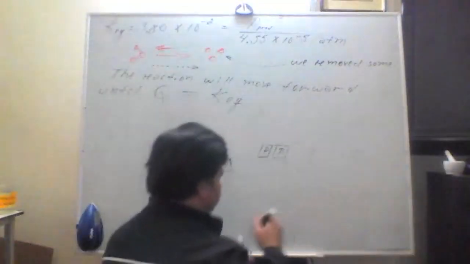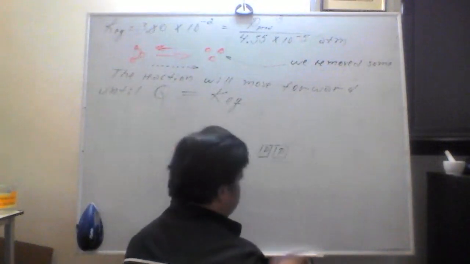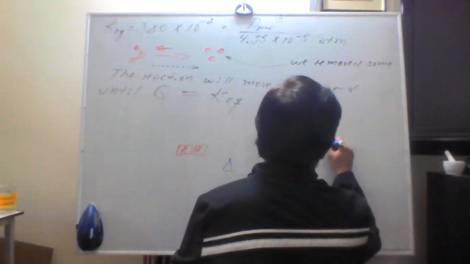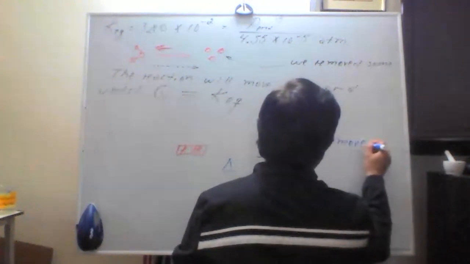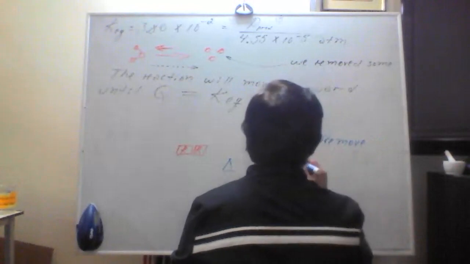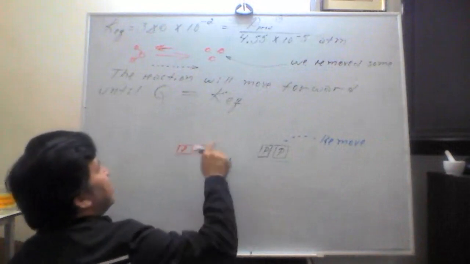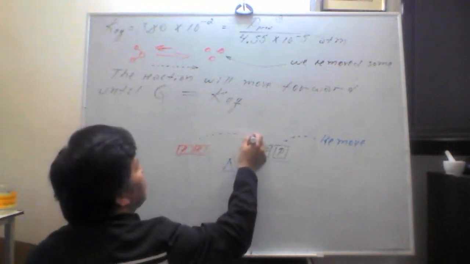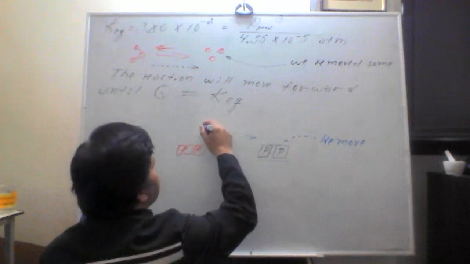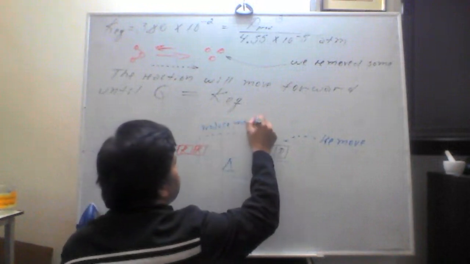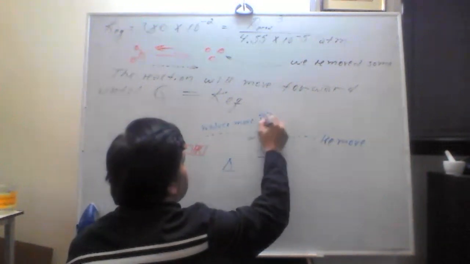So as soon as you remove some of these products, if you remove that, then the system is going to start making some more. You have to produce more of that.